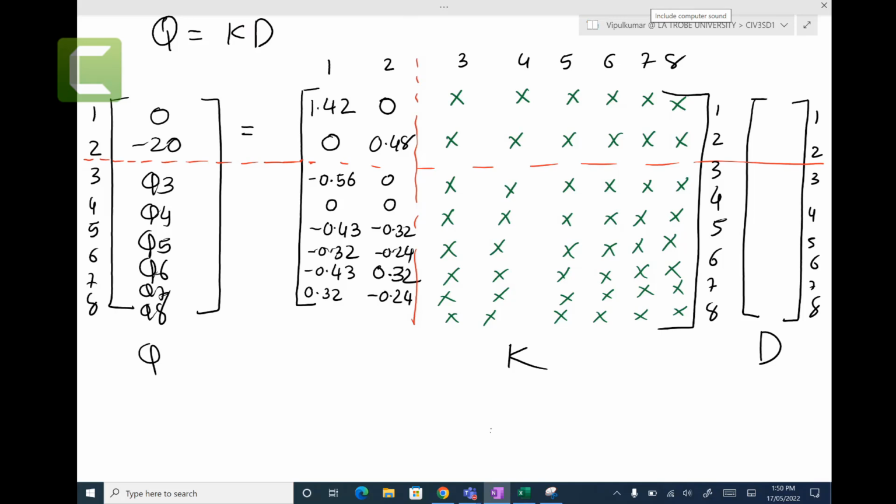So here, D1 and D2, that's what we need to find, and these are supports. You know, pin supports there, right? The displacements at the 3 pin supports are 0. If you look at D3, D4, they are 0. They are fixed degrees of freedom. Fixed meaning 0 degree of freedom.